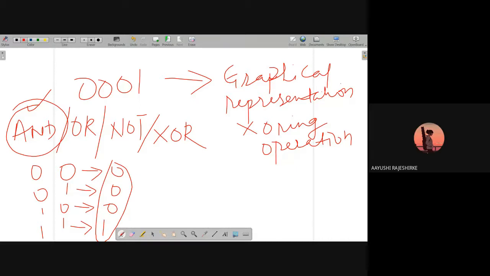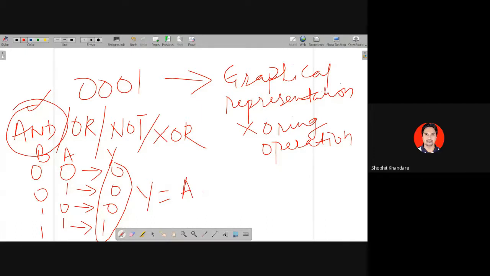Multiplication. Yes, dot. If I have A and B, and whatever the AND operation gives, I call it Y, so Y equals A dot B. Very good.